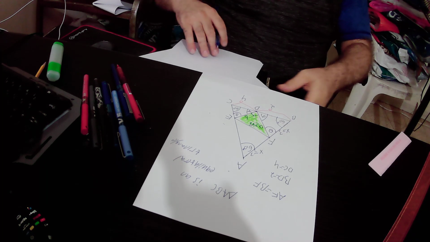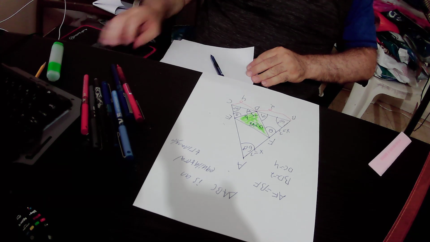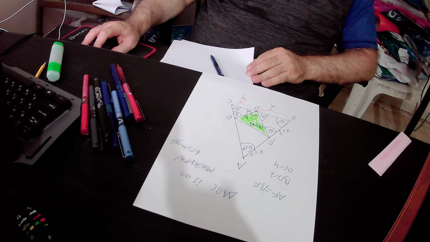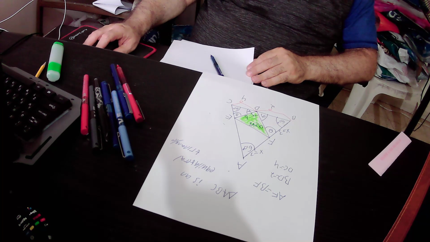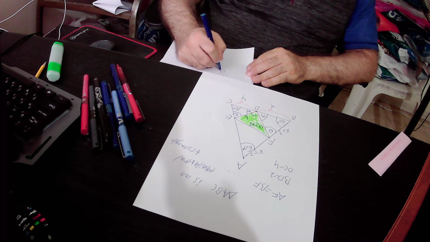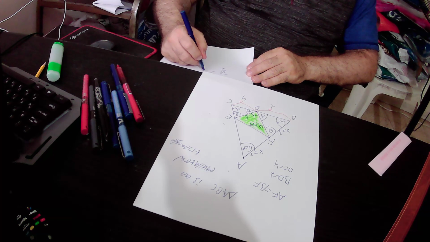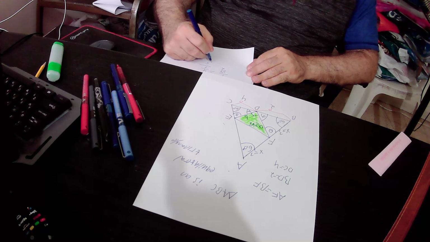We will get that b over sine 60 degrees, which is actually root 3 over 2, all equals DC. DC equals 4 units, and sine beta equals 5 over 2 times root 7.